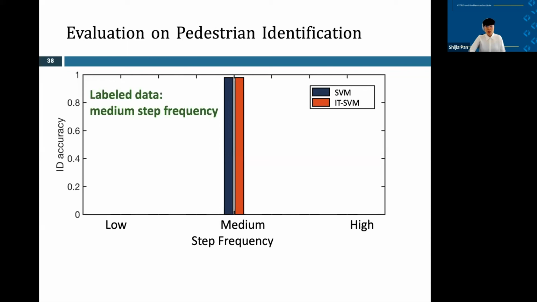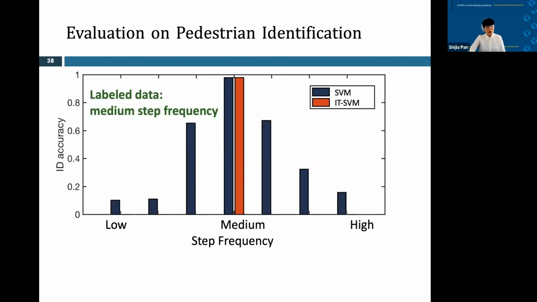We use conditional supervised learning, SVM, as a baseline, where we can see that when the step frequency is extremely different from the labeled data, it achieves really low accuracy. Since we're identifying 10 people, when people walk slowly, the accuracy is almost 10%, which is almost a random guess.